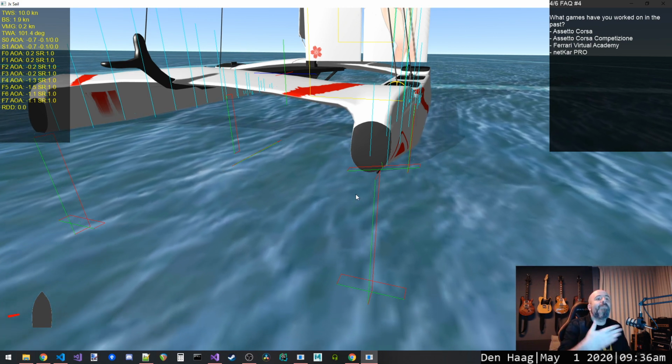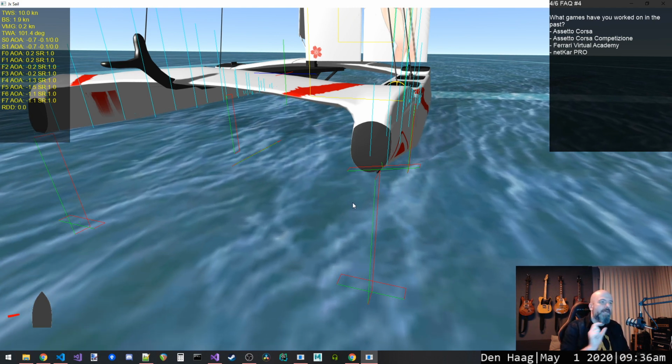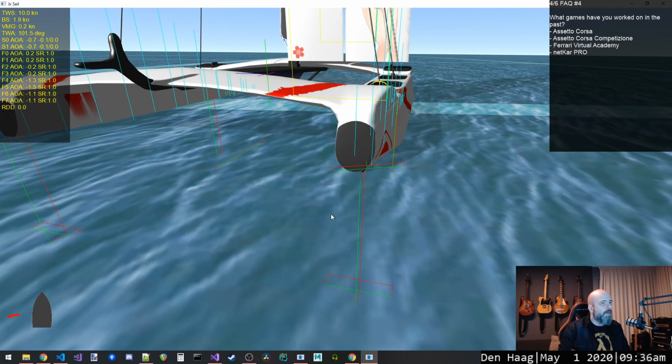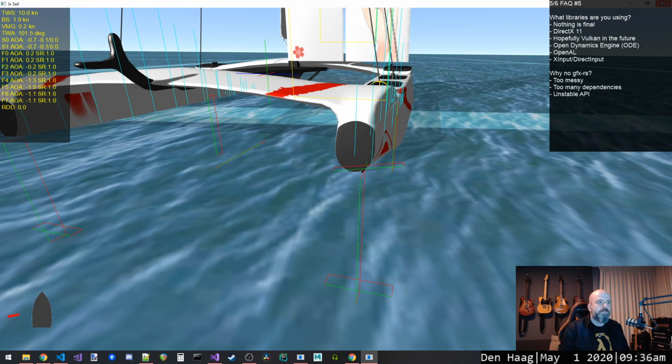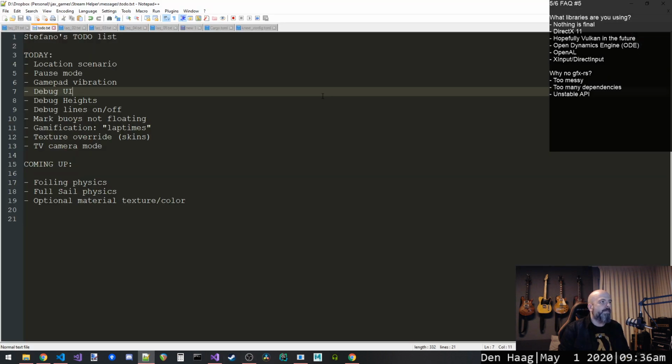The more you dive into it, the more you understand how little you know and how much you have to work on this. So my plan for today is to take it easy on the physics. This is not something that I will solve in one day. It's going to be small steps every time.